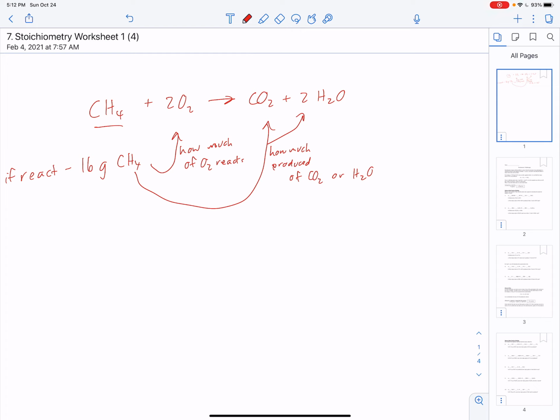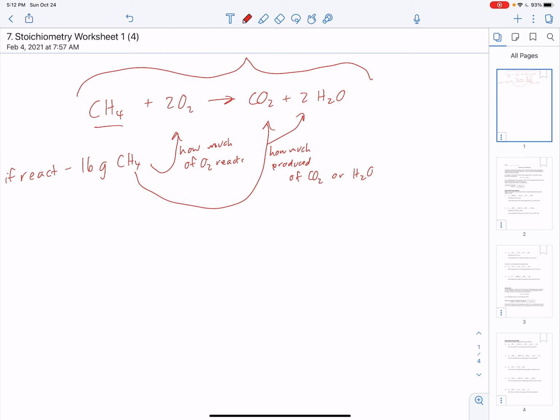Well, the key here is to understand that you can convert based on the chemical equation that you see here. Based on the chemical equation, you can convert from moles of any substance in the reaction to moles of any other substance.